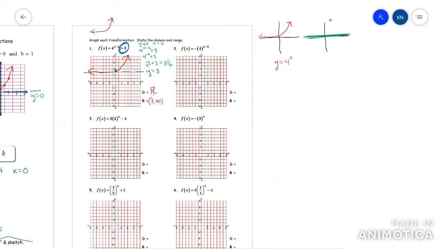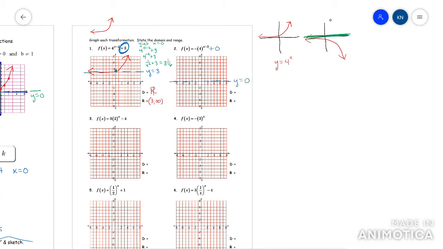It reflects this red line across that, so it takes this shape. Hope that made sense. So this is what this one's going to look like. Now, the first thing I do is I figure out the shape, so that's done. The second thing I do is I get my asymptote. This one does not have a vertical shift, so this asymptote is at y equals 0.